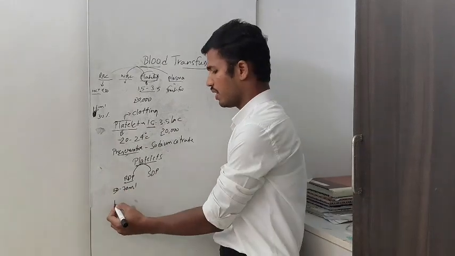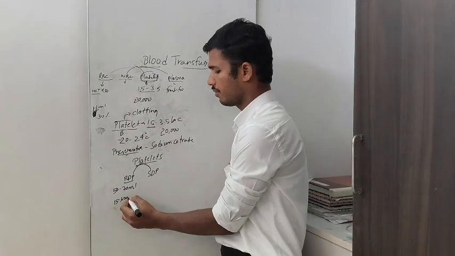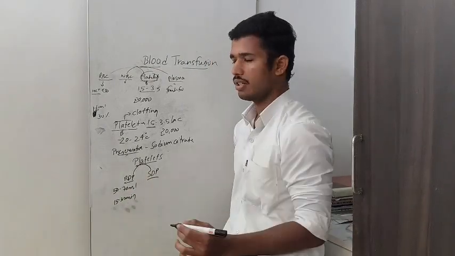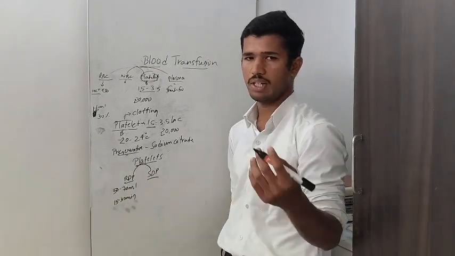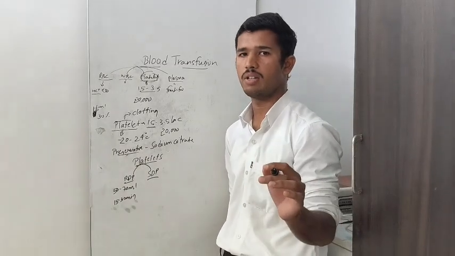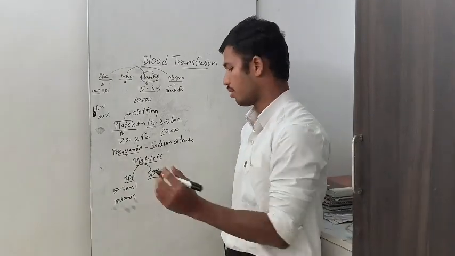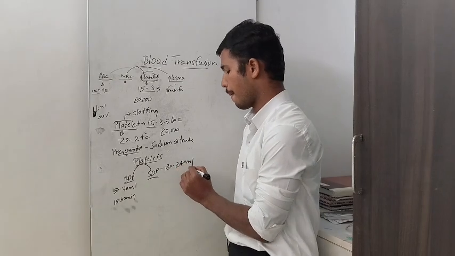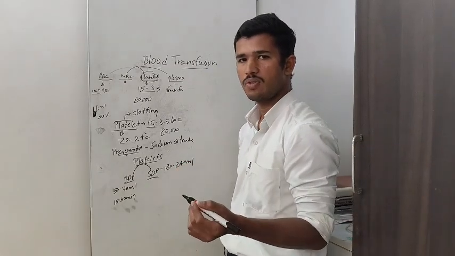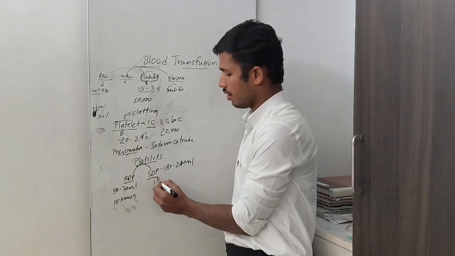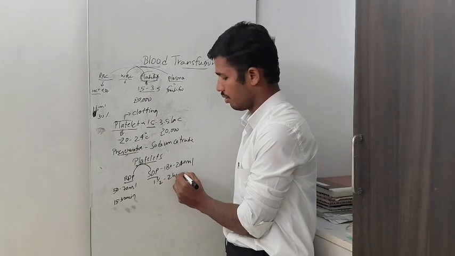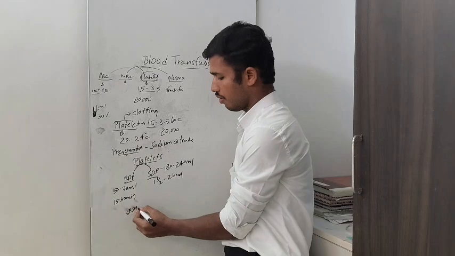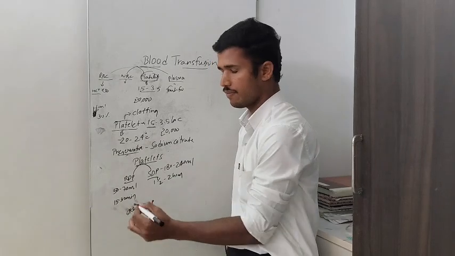We can transfuse within 15 to 30 minutes only. The other is the single donor platelet, taken from a single donor. It is about 200 to 400 ml, and we can transfuse within 1.5 to 2 hours. 6 RDP equal 1 SDP.